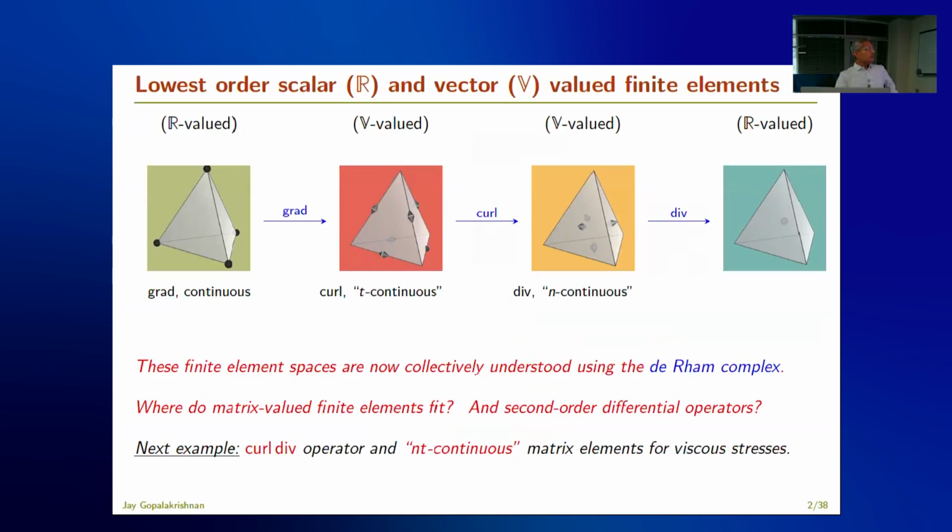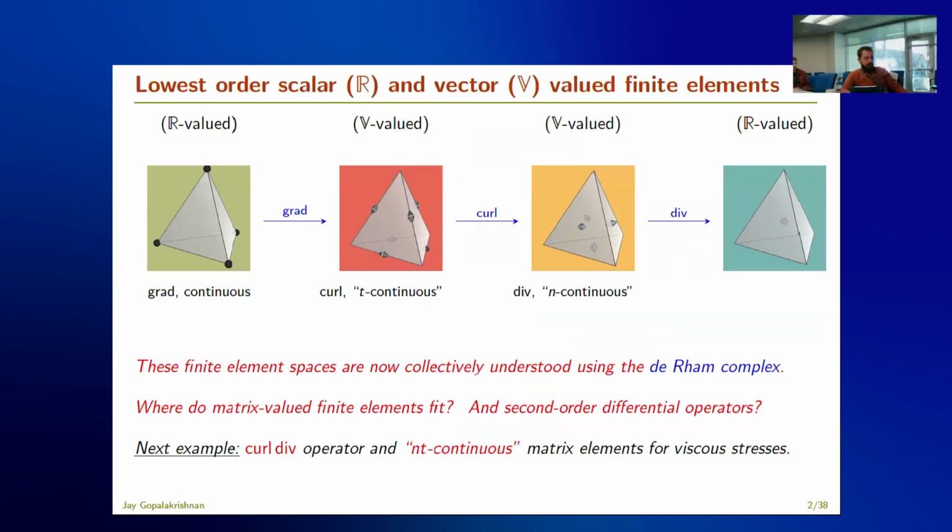And instead of the first-order differential operators, you'll see that they're connected by certain fundamental second-order differential operators. And I'll begin the discussion by one example. Each of the examples of matrix finite elements is very rich, and there's a whole talk you can give for each of them.